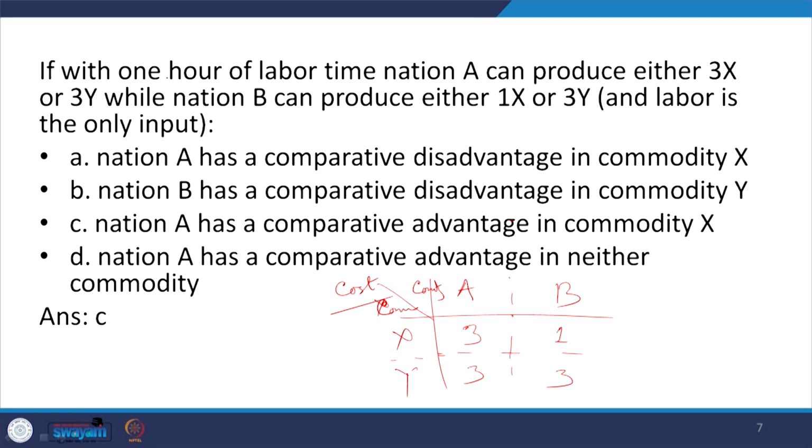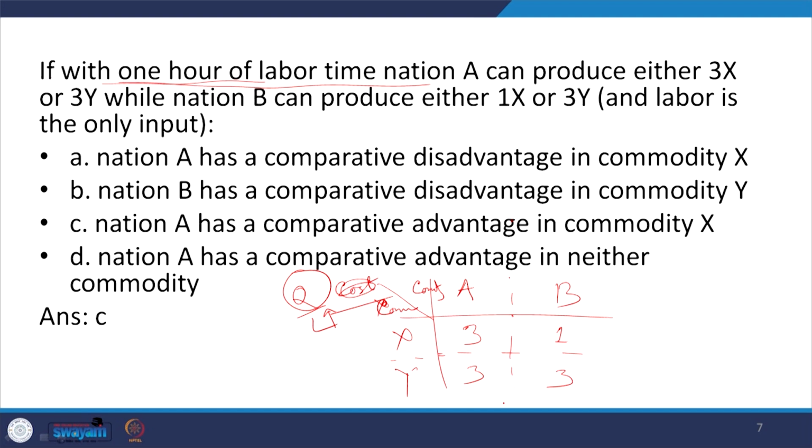So, with one labor hour they can produce this. This is not cost, this is productivity, Q by L. So, per unit labor how much quantity they produce is presented here. Now, given this, how can we derive the answer?